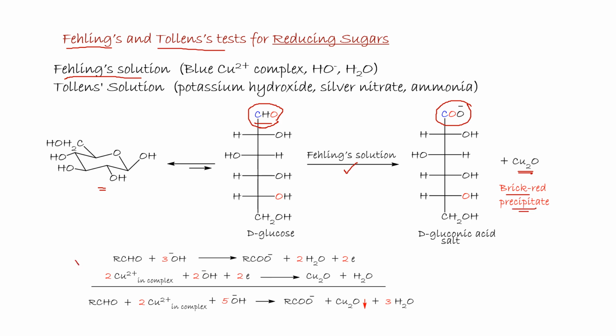Here is the oxidation reduction reaction, where the aldehyde will be carboxylate and copper 2 will be copper 1. And here is the complete equation for this oxidation reduction reaction.